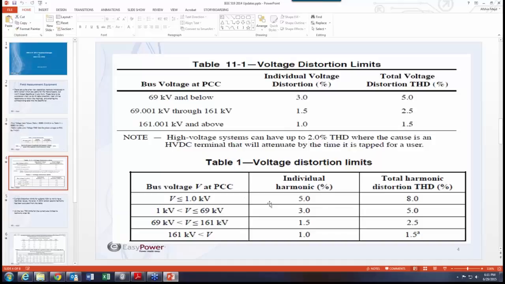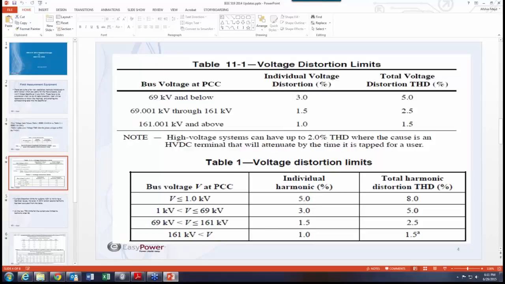Again, this category is new. It wasn't there, it has been added, and has more tolerance. It's allowing the lower voltages and low voltage systems to have a little bit more tolerance for harmonics.